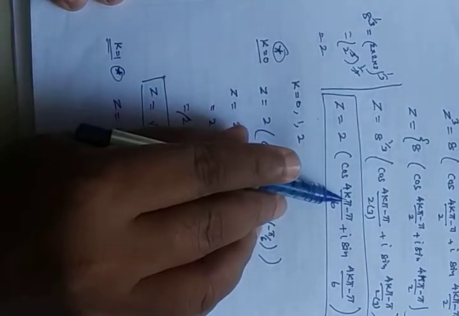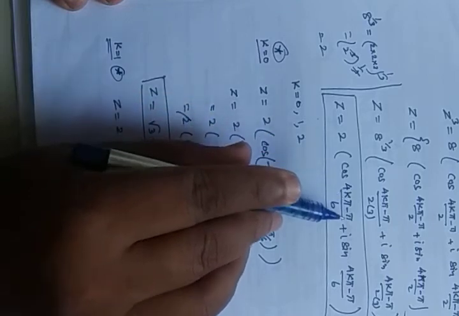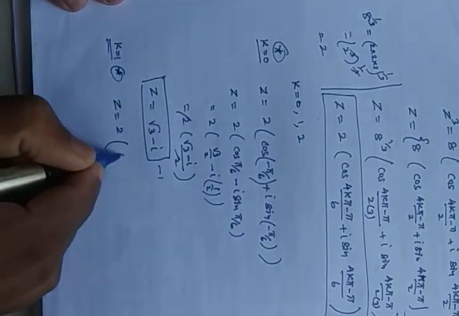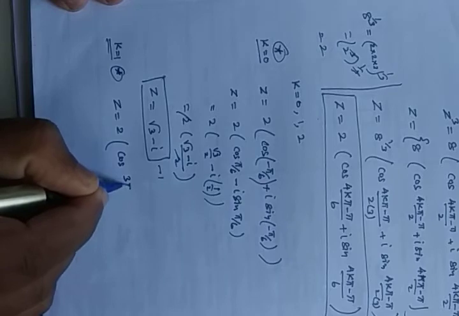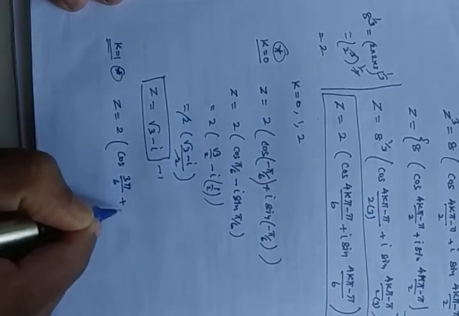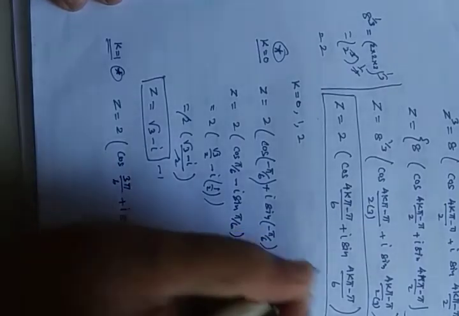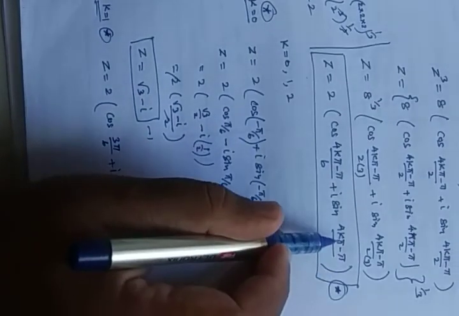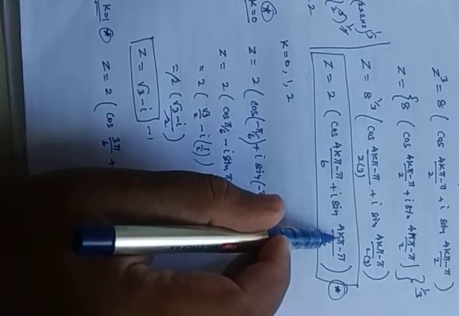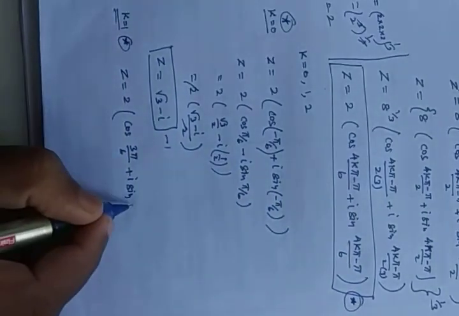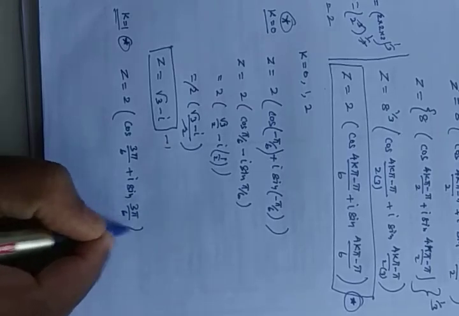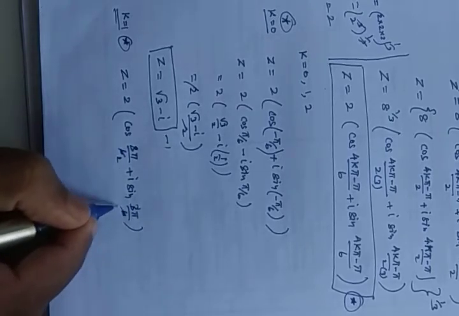Carefully, 4 into 1 is 4 pi, 4 pi minus pi is 3 pi, so therefore it will come cos 3 pi by 6 plus i sin also the same: 4 ones are 4 pi, 4 pi minus pi is 3 pi, so this is 3 pi by 6 will come. So this 3 one time, this is 2, this one time, this is 2.